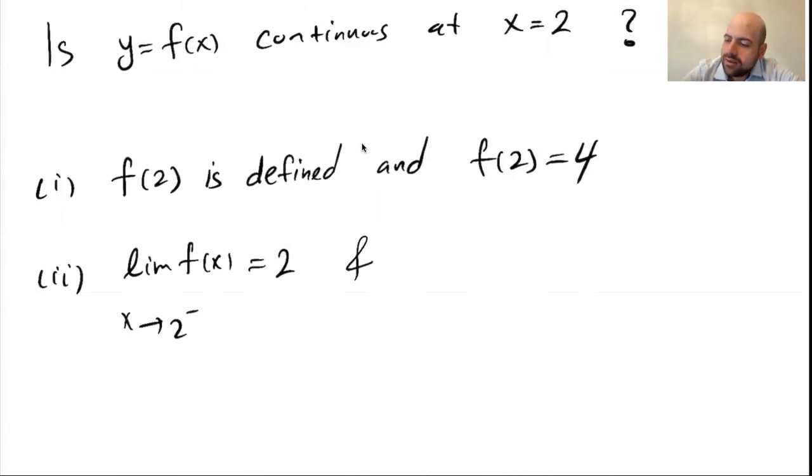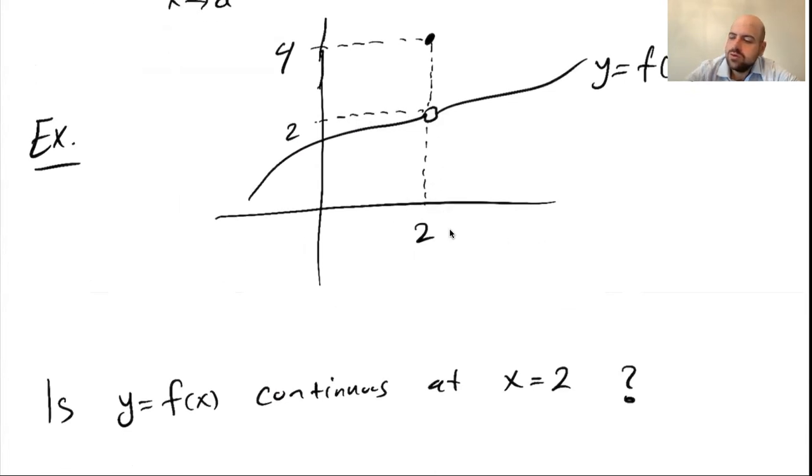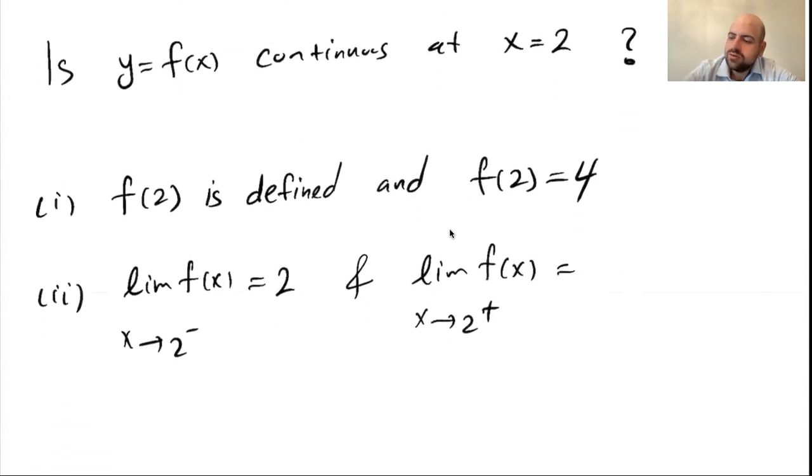And what about the right limit? Limit f of x as x approaches 2 from the right. So again, let's look at the graph. If x is a little bit more than 2, for example around here or here, look at the outputs, they get closer and closer to 2 again. So the right limit is also 2.